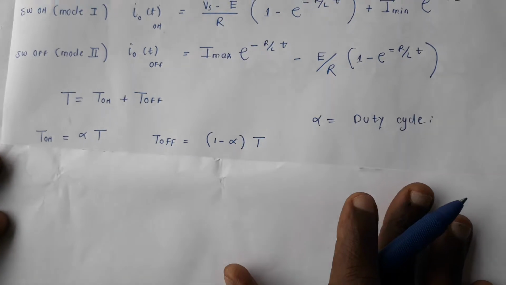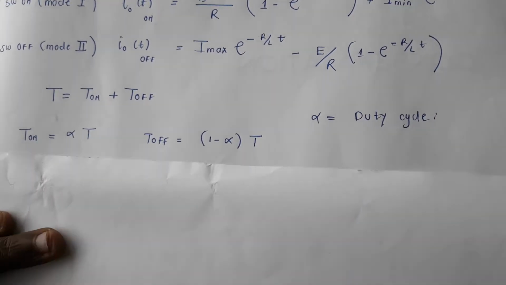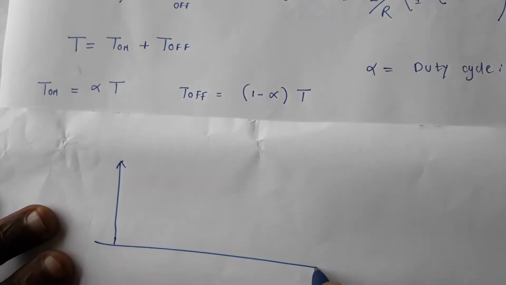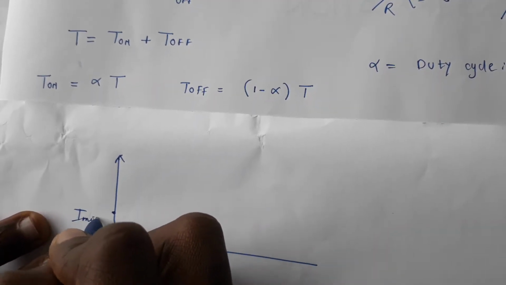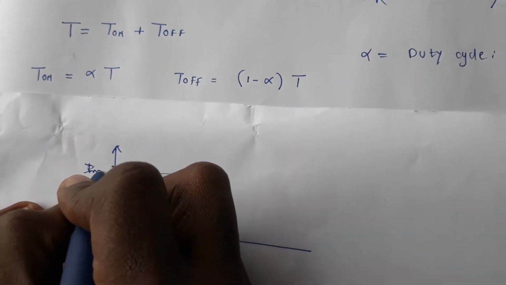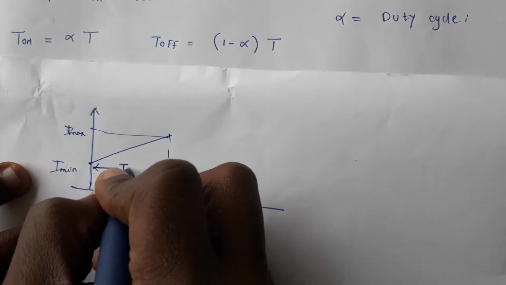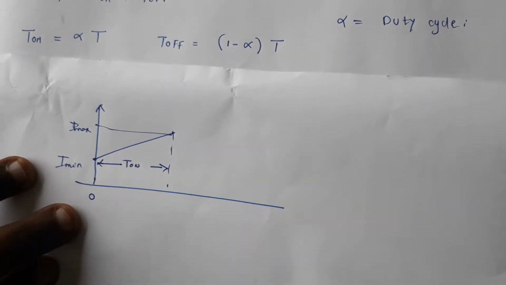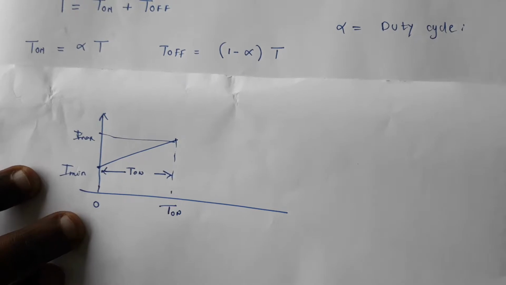Now, to understand this analysis, when the switch is turned on, the inductor current increases from a minimum value, Imin, to a maximum value, Imax. And this period is given as T on.